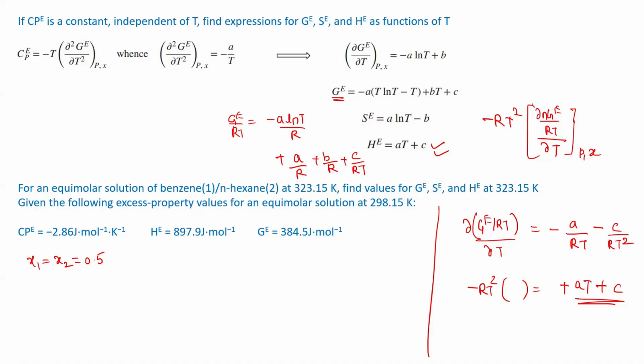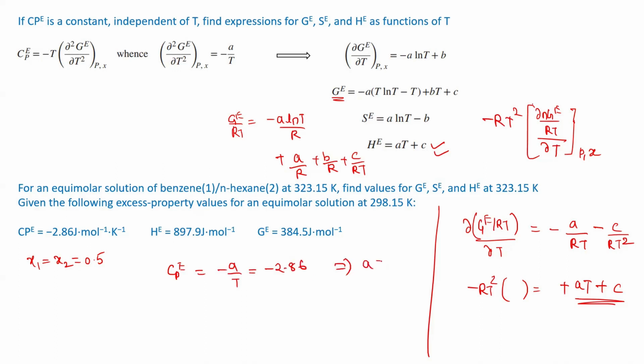So using those, I can say Cp is equal to minus A by T, which is minus 2.86, right?